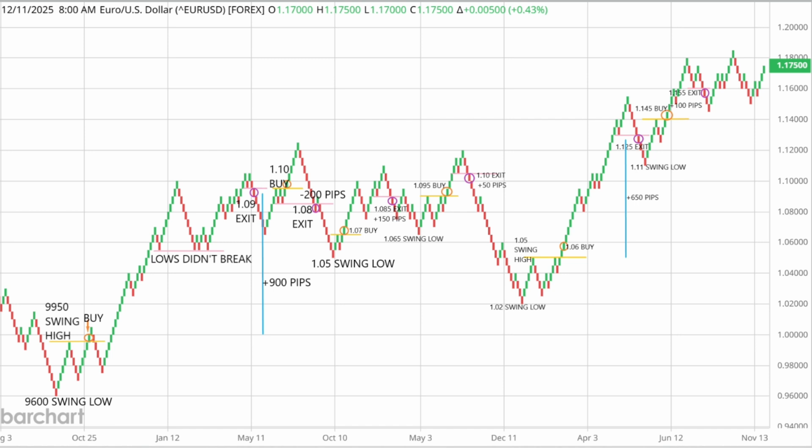Finally, price forms a swing low near 1.145 and a swing high near 1.17. On September 8th, price breaks above and we enter at 1.175. This move fails. Price eventually closes below the swing low near 1.16 on October 31st. We exit at 1.155, resulting in a loss of about 200 pips.